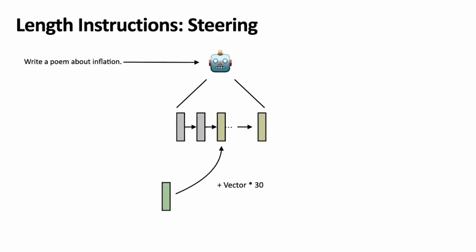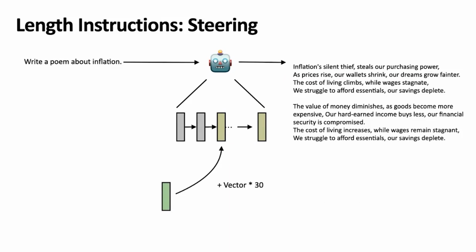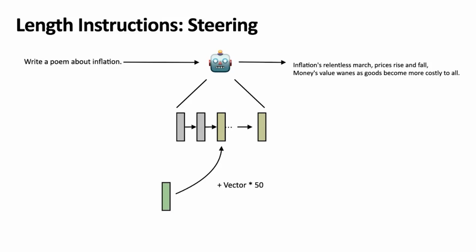Then we steer: we add our conciseness vector to the model's representation, multiplied by a weight. By increasing the weight, we notice that the outputs start to be shorter, in this case two paragraphs, and then if we increase the weight even more, the model outputs just 2 lines. This is one example that we obtained by playing around with the model in some very preliminary experiments.